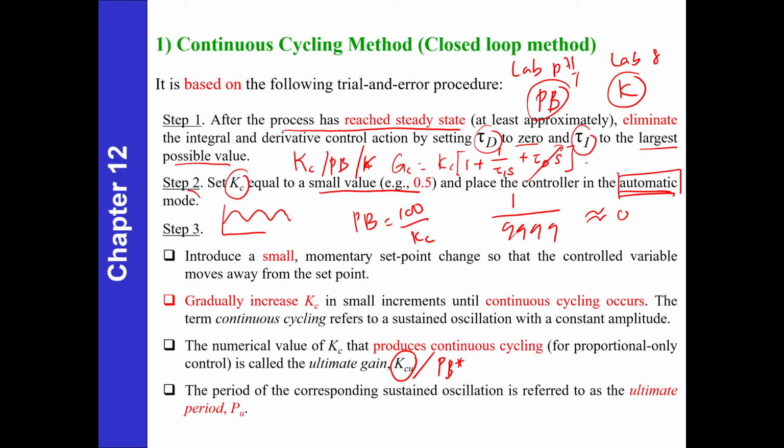That is the meaning of tuning: adjust so that the best values of Kc, tau_I, and tau_D give a good response, a good set point change, good disturbance rejection, and good set point tracking. So don't overthink.